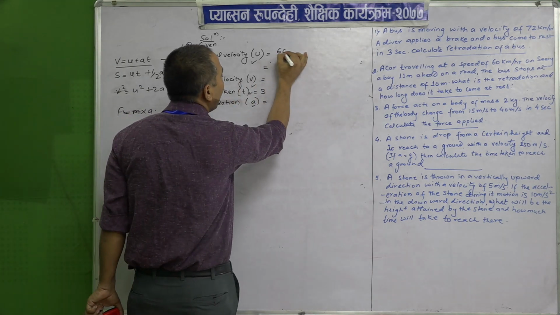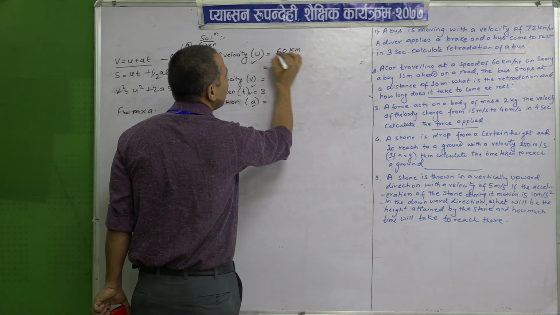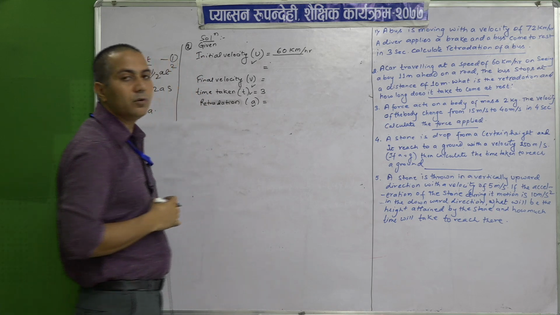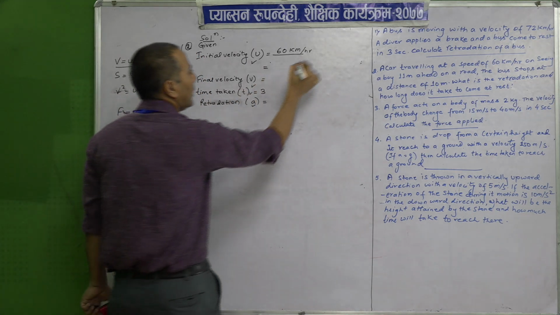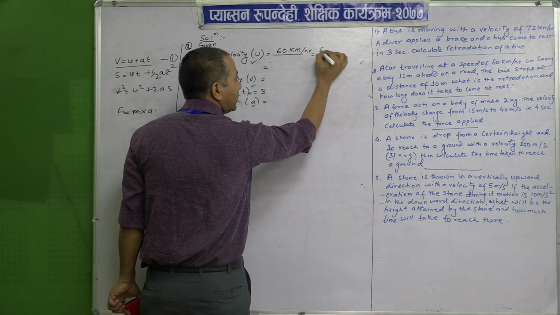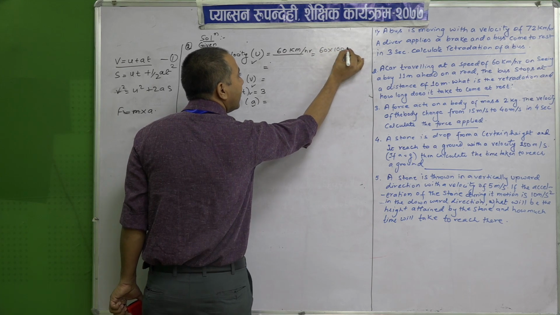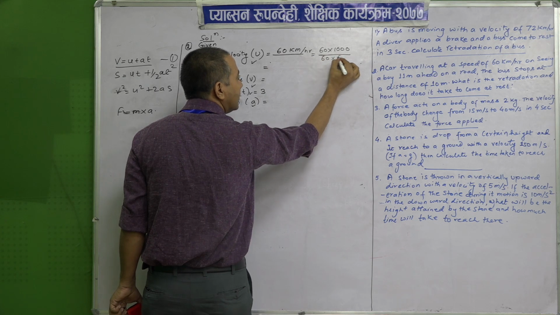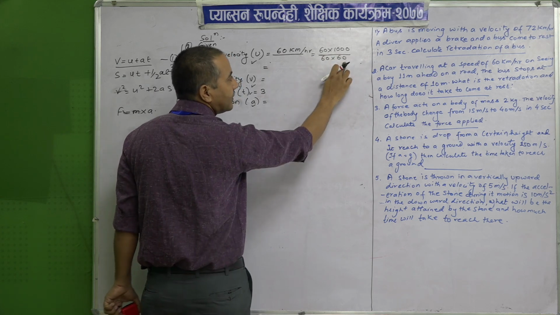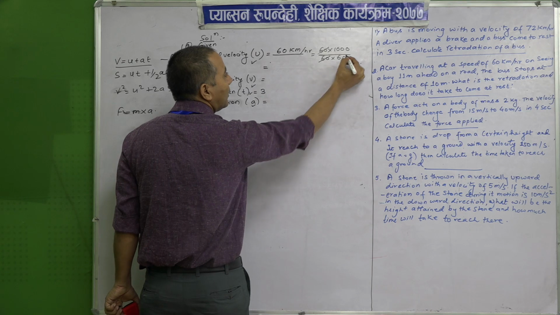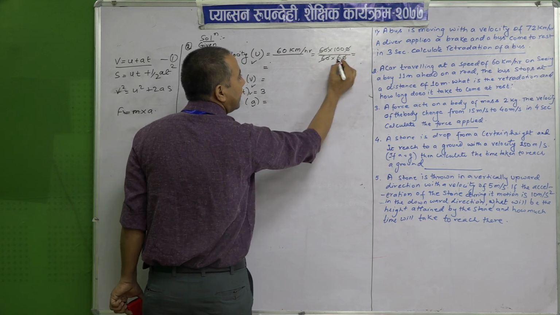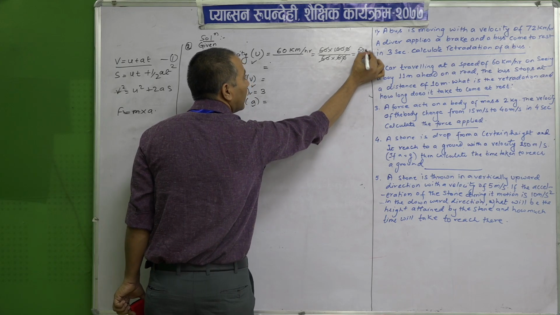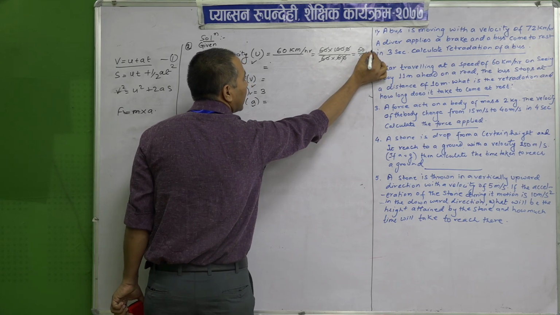Here again we have to change kilometer per hour into meter per second. Let us change: 60 into 1000 upon 60 into 60, that is minute and second. So, this one is gone, then how much? 50 upon 3 meter per second.